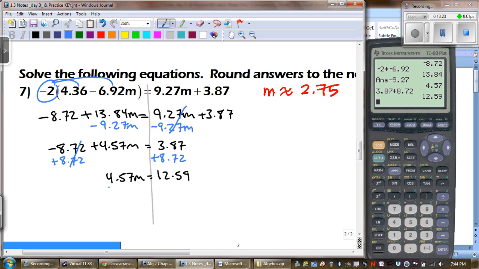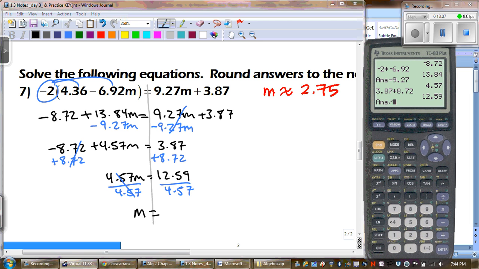And the very last step would be to divide both sides by 4.57, and we get m equaling 12.59 divided by 4.57, 2.742.